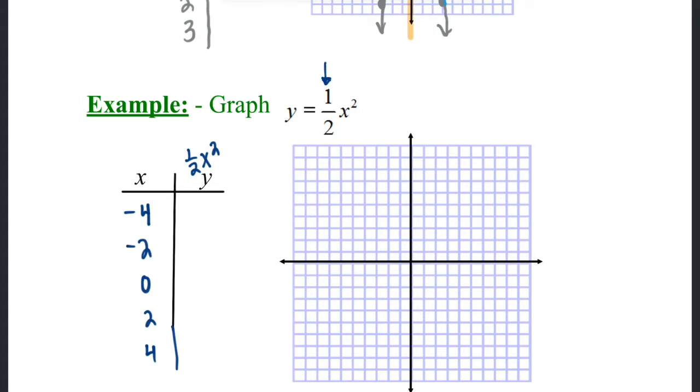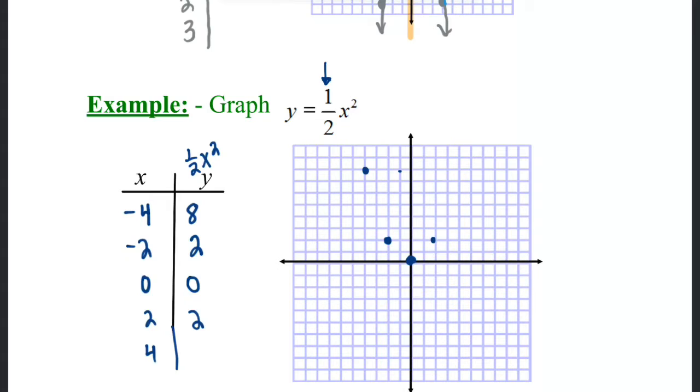If I put a -4 in, -4 squared is 16. Half of 16 is 8. So left 4, up 8. When I put a -2 in, -2 squared is 4. Half of 4 is 2. So when I put a -2 in, I get a 2 out. And when you put a 0 in, half of 0 is 0. And when we put a 2 in, 2 squared is 4.